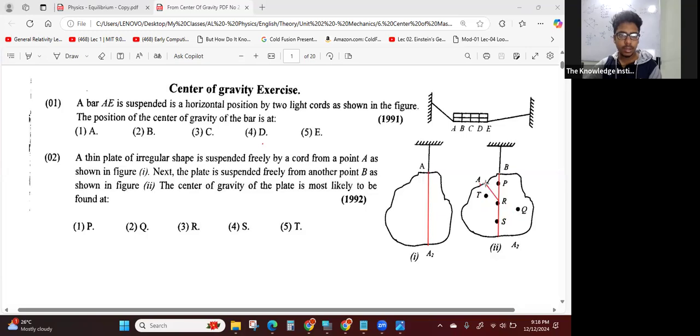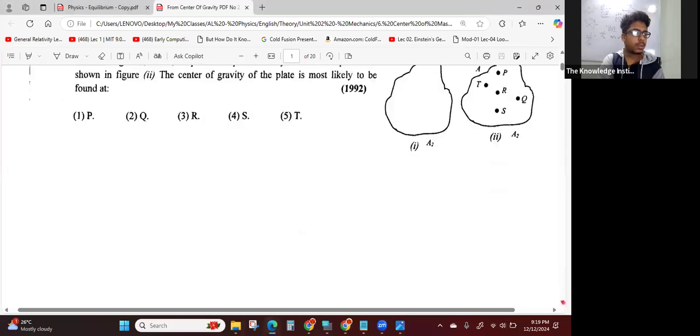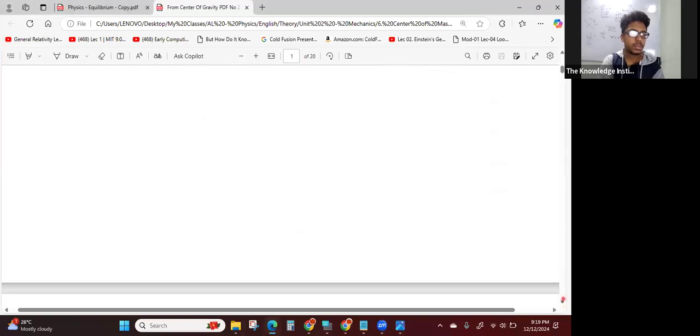If I draw it going through R, so therefore the point is R. So therefore the center of gravity is R. And the next question.